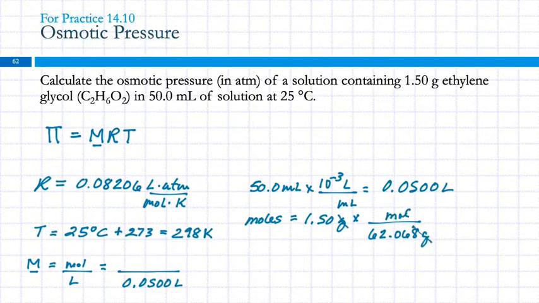So the grams cancel out. 0.024167 moles. I started with 3 significant figures in this measurement. My molar mass has more, and so my number of moles has 3 significant figures. Those leading zeros don't count. So I want to make sure I keep at least 3. 0.02467 moles.